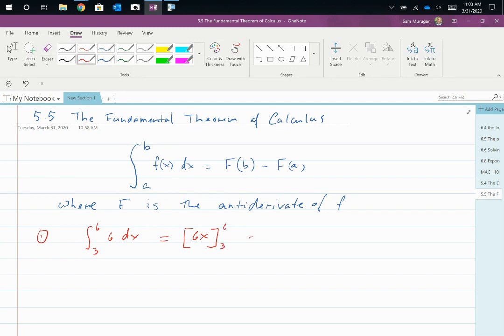So what the fundamental theorem says is that we substitute 6 times 6 minus 6 times 3, which is 36 minus 18, or 18.